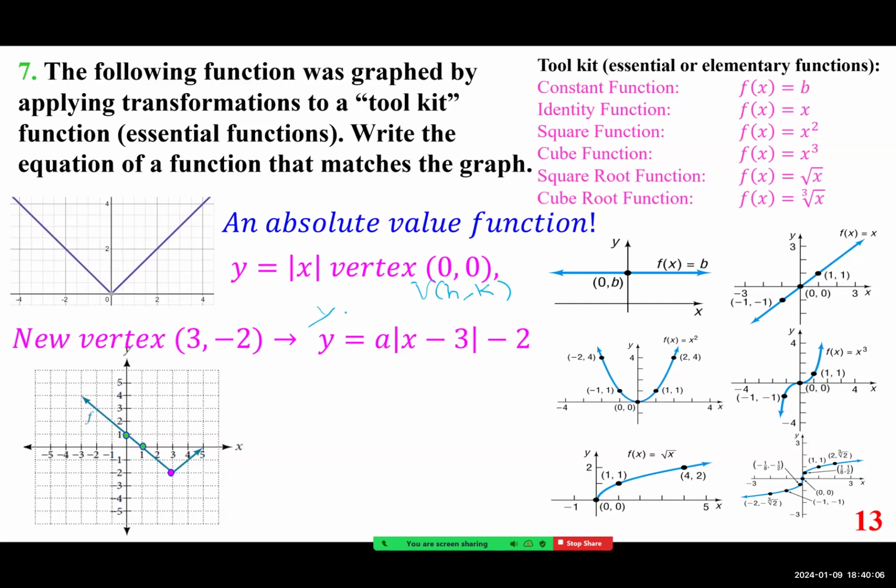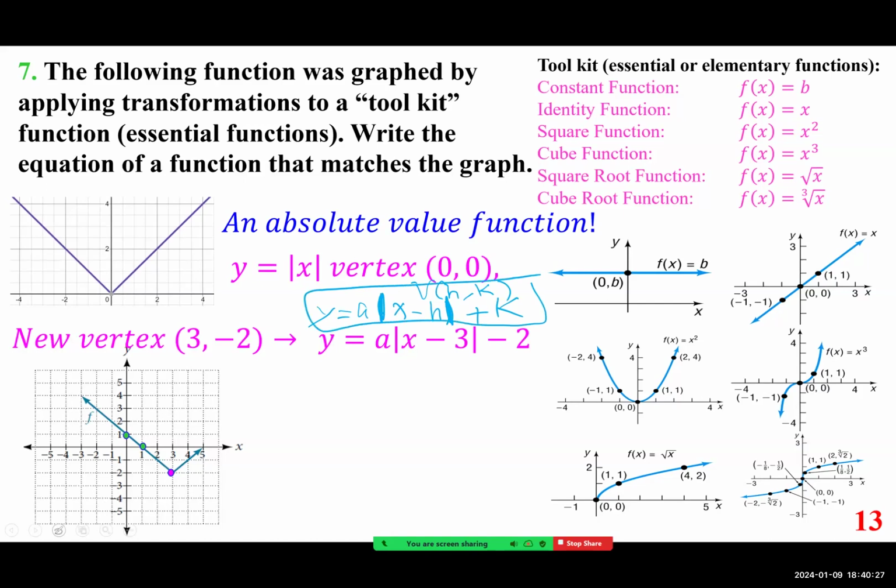The general form of an absolute value function would be a times the absolute value of x minus h plus k. Okay, that would be the formula.